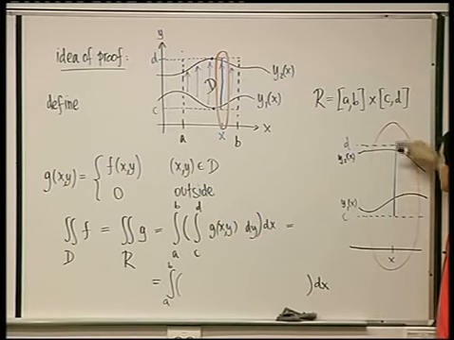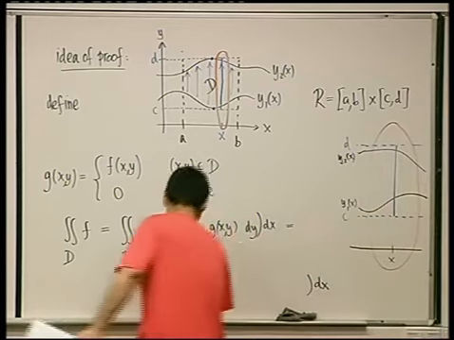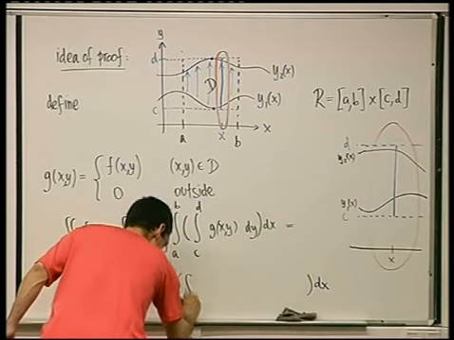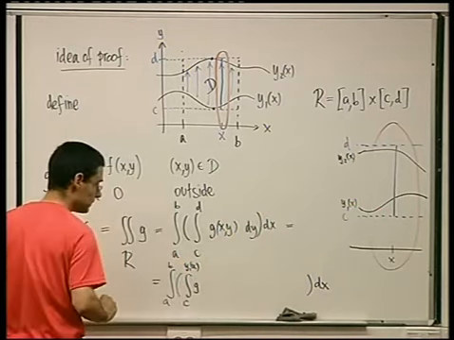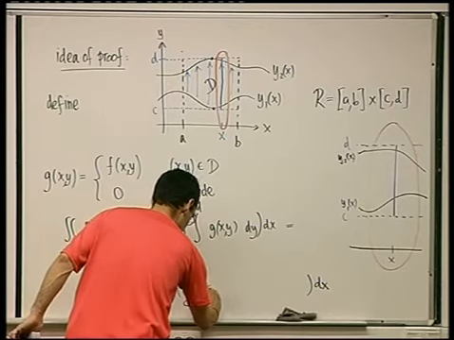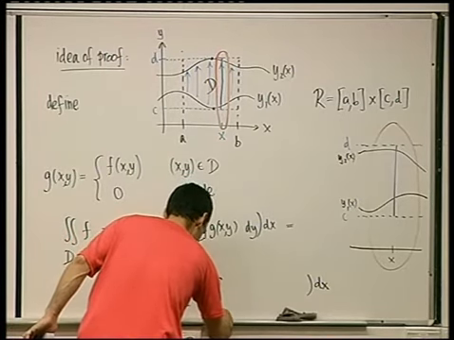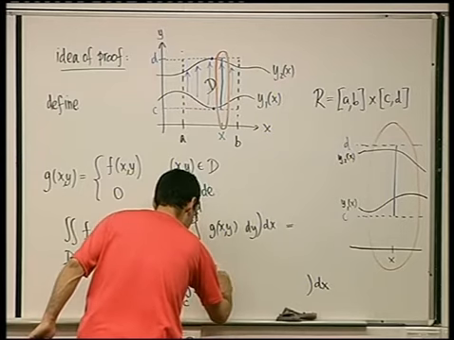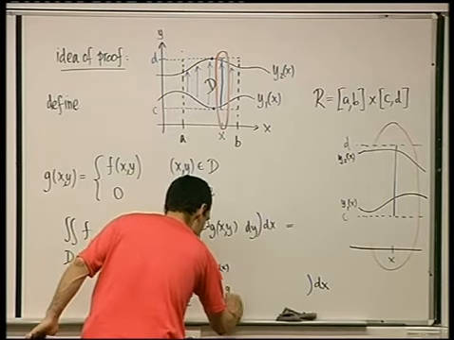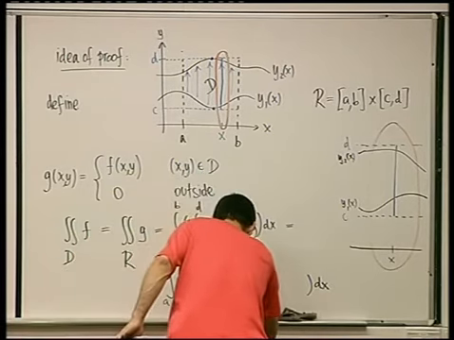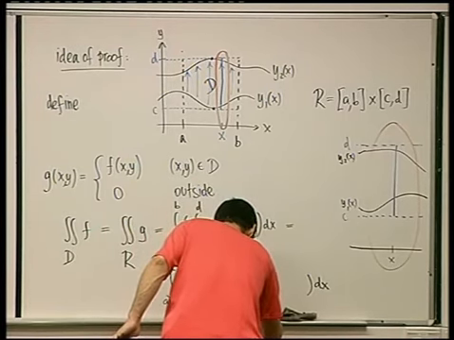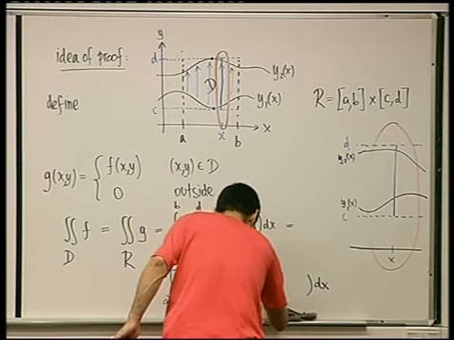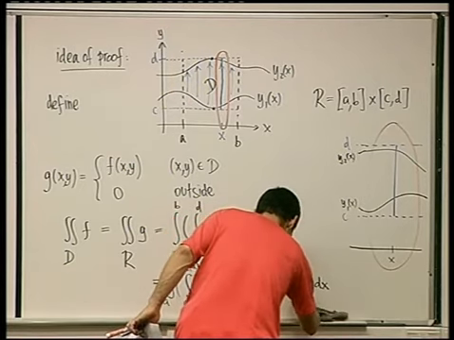That's the same as integrating all the way from c to d. So I'm going to integrate from c to y1 of x, integrate g, plus integrate from y1 of x to y2 of x, g, plus integrate from y2 of x to d of g, and all these integrals are dy.